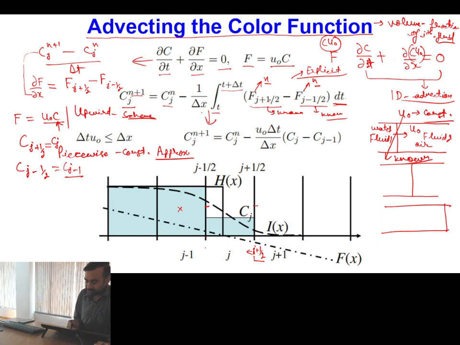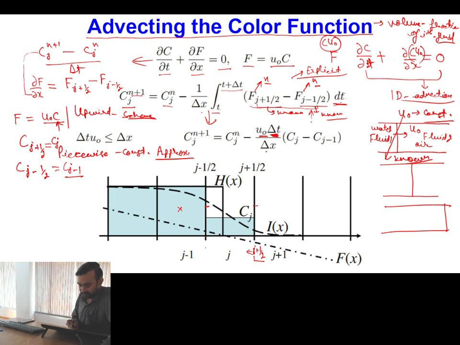Once I substituted that f is equal to c into u and u is constant, then u naught has come outside. Now this f function has become independent of the time once I have estimated it at the previous time level, because its value was known to us. So once it has become independent of the time, it can come out of the integration, and the integration of dt from t to t plus delta t will give me delta t over here. Is this one clear?